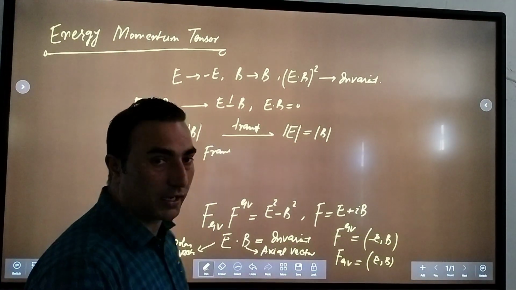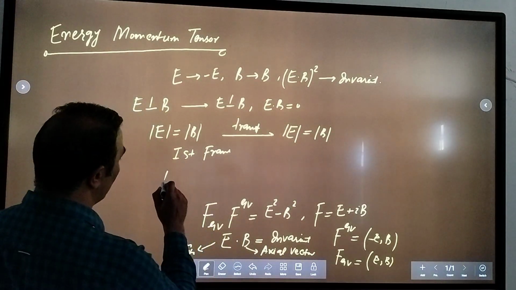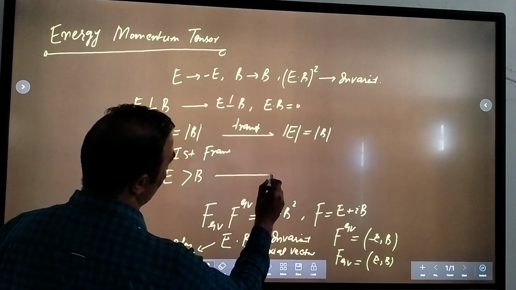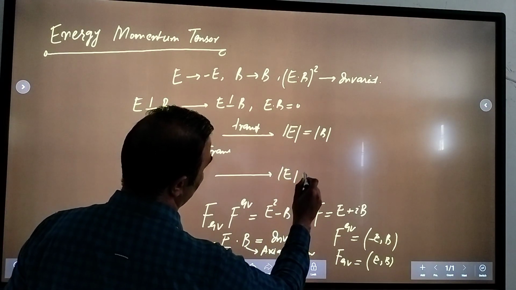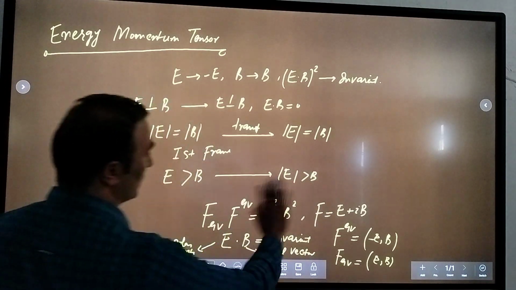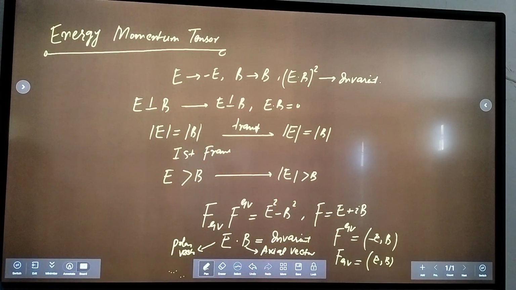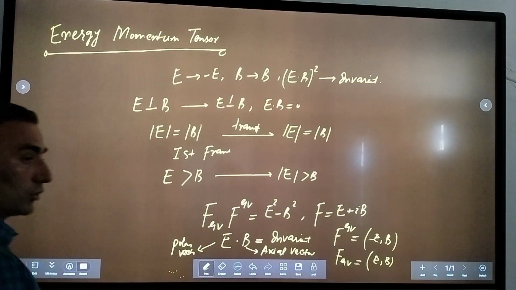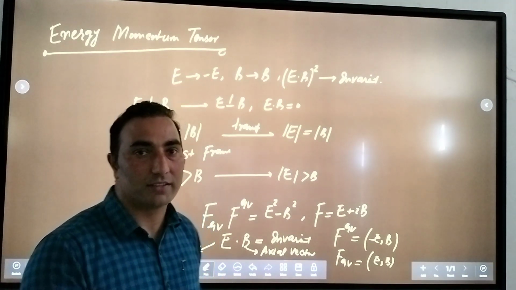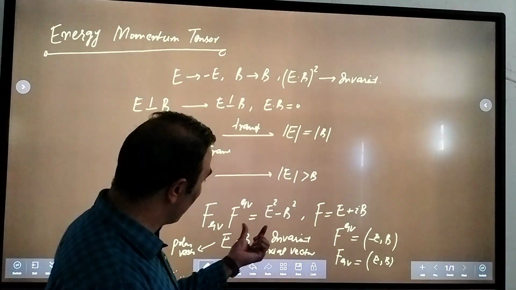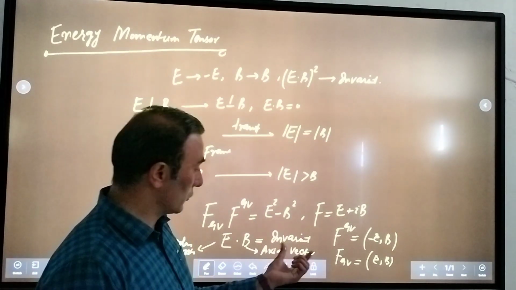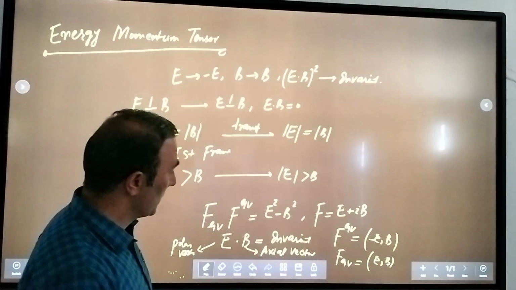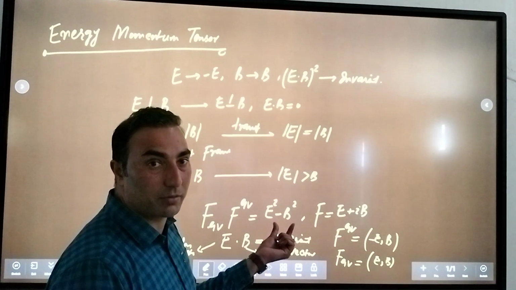Similarly, in addition to that, if the electric field is greater than B in the first frame, it will be the same in the other frame, right? So this will remain the same. So by means of this transformation, we can give any value of this E and H, but E square minus B square remains invariant, right? Or you can have E dot B squared remains invariant, right? So we can give any value of electric or magnetic field, but provided E square minus B square remains invariant. Okay.